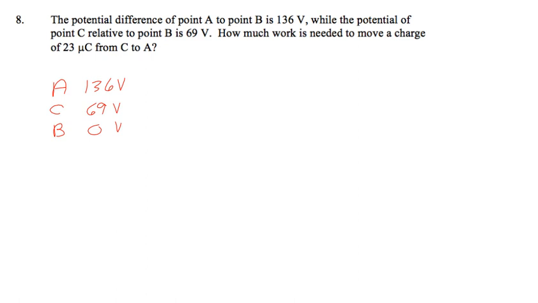Now, if the problem had said C to A was 69, then I'd have to make a number bigger than 136 by 69 and put it right up there. All right? If it said B to C was 69, then I'd have to make C negative 69 and put it down there.